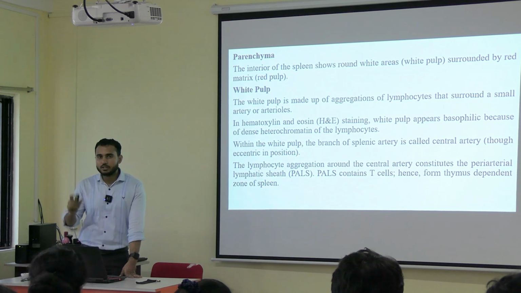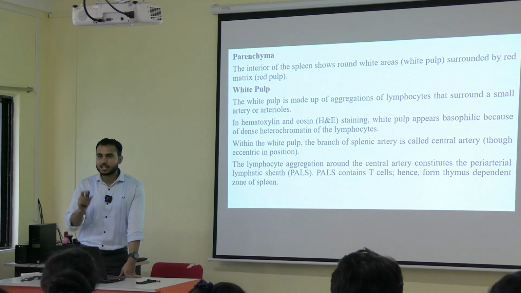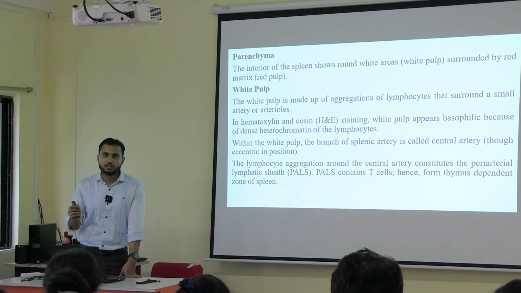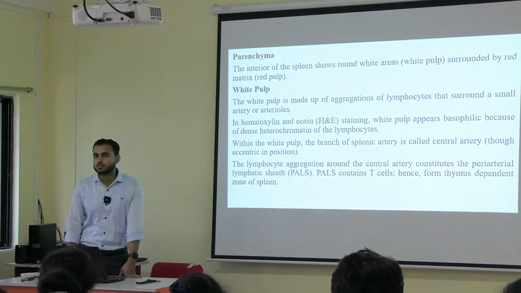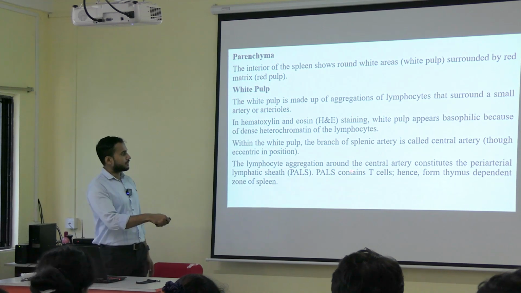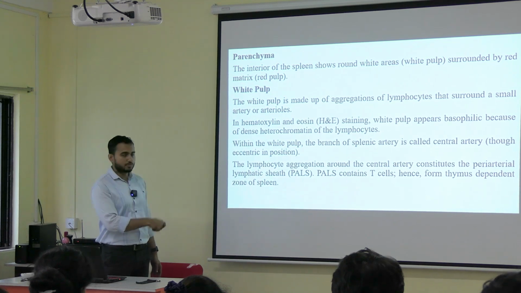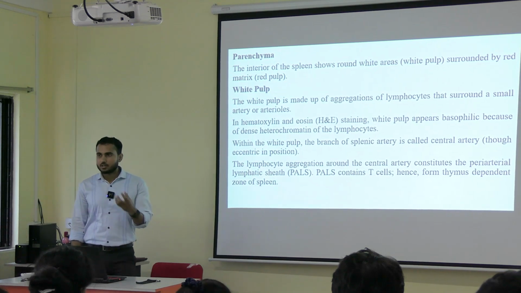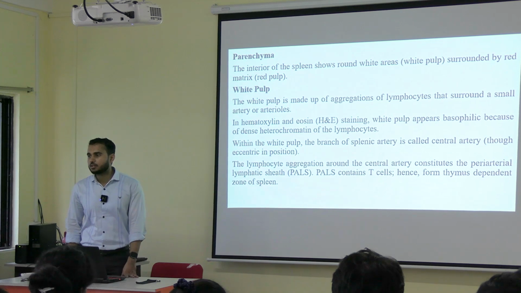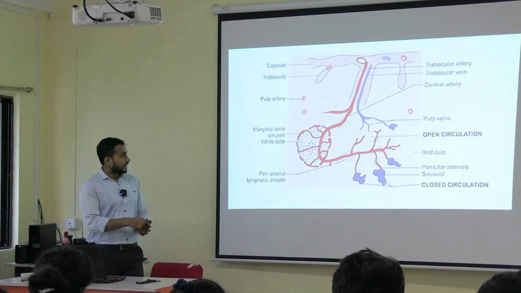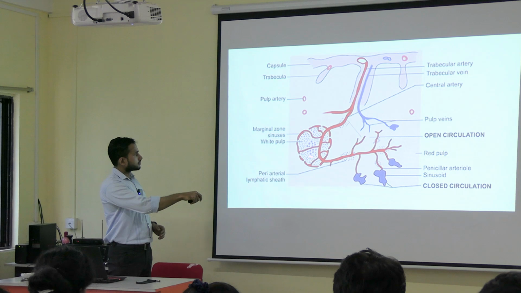Any lymphoid organ where T lymphocytes are more is called a thymus dependent zone, because the concentration of T lymphocytes is more there.